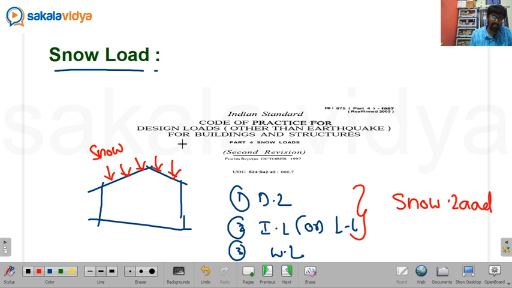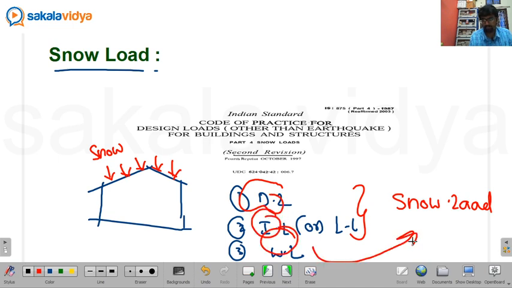So in our country, Jammu and Kashmir, Himachal Pradesh, Uttarakhand and Sikkim are some of the regions where, in order to design any structure, we must use dead load, live load and wind load along with snow load. Other than those regions, we must omit this snow load. We should only use dead load or live load along with wind load.